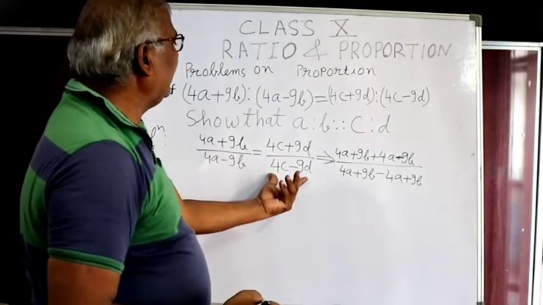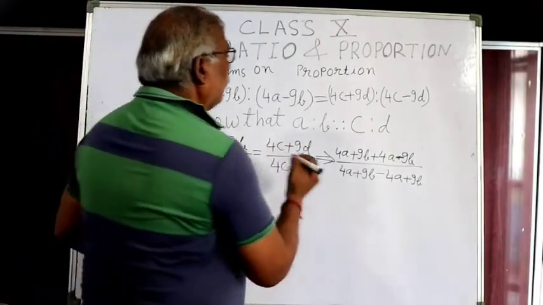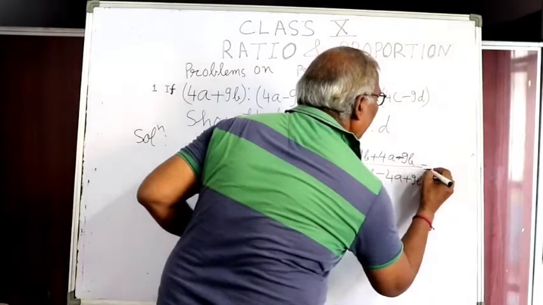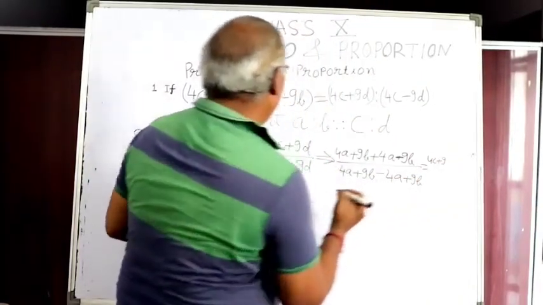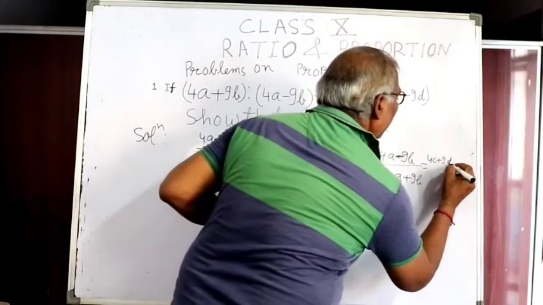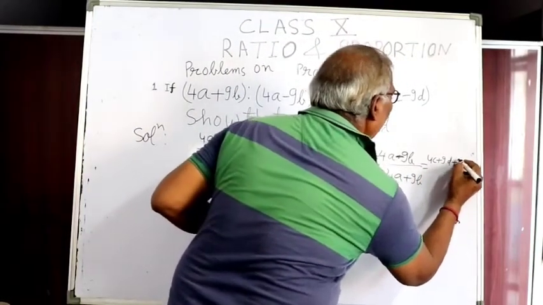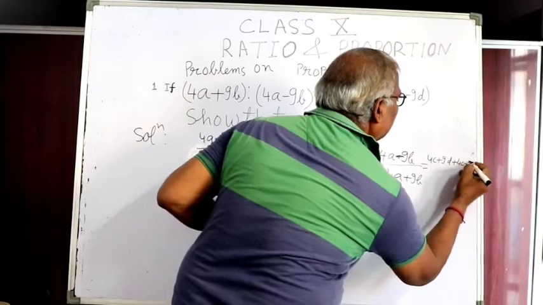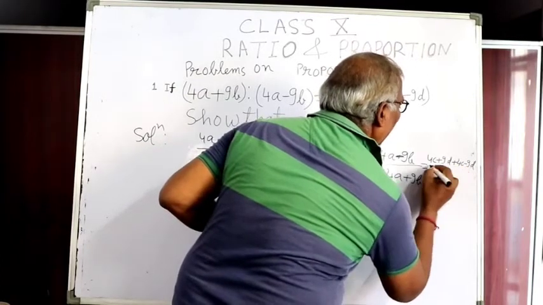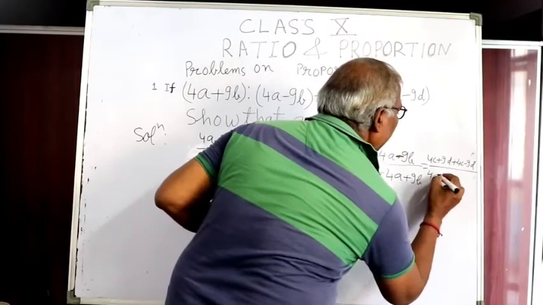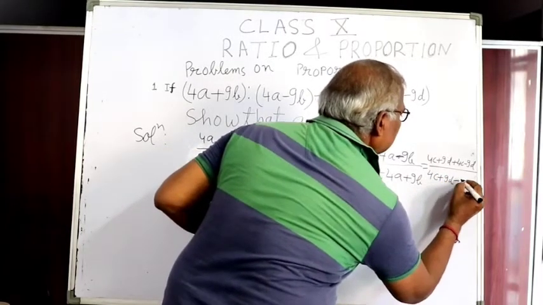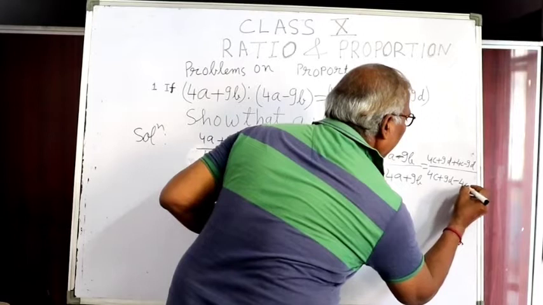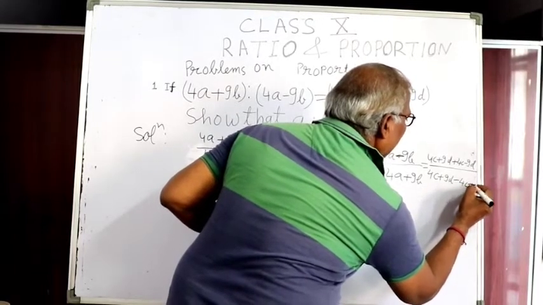Similarly, on this side it will become 4c plus 9d plus 4c minus 9d upon 4c plus 9d minus 4c plus 9d.